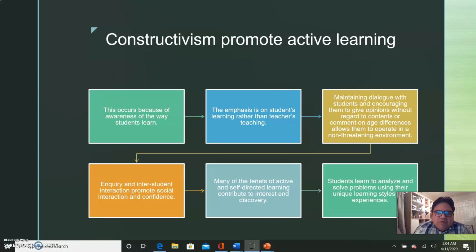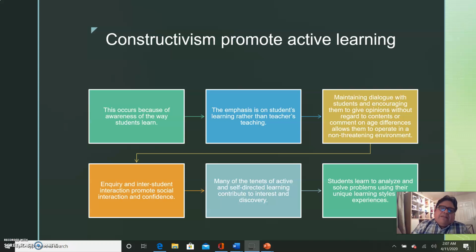Constructivism is promoted in medical school by keeping aware of the way students learn at all times, emphasizing students learning rather than teachers teaching, maintaining an open dialogue at all times, encouraging opinions without negative criticism, promoting social interaction and confidence from the students, also recommended.